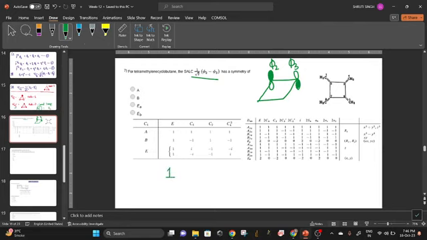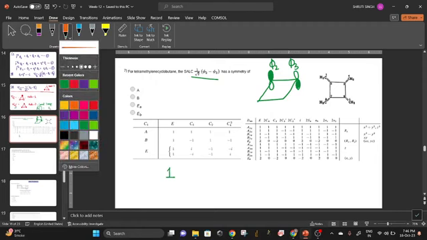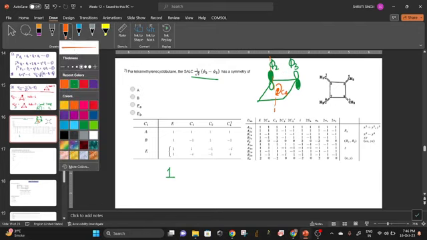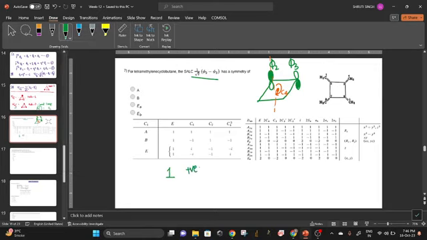Under C4, C4 is here. So C4 will be passing from the top like this. When you apply C4, there won't be any change of sign, but these will change place. So phi 2 will move from here to here and phi 3 will move from here to here, by 90 degrees. So it will have no sign change, so the character will be positive, but it will change its place.